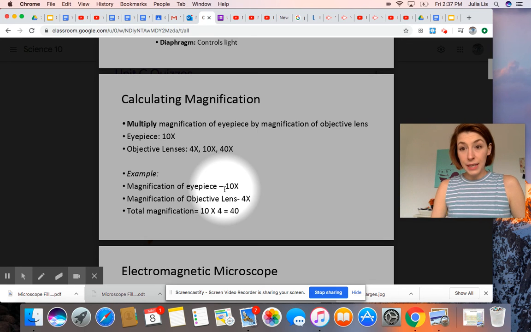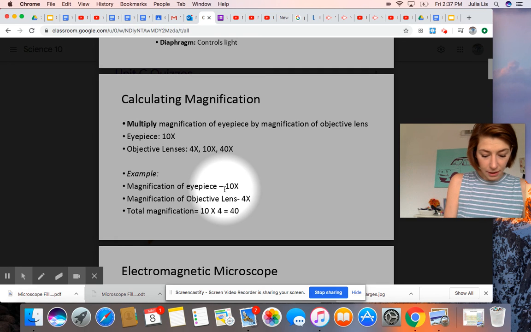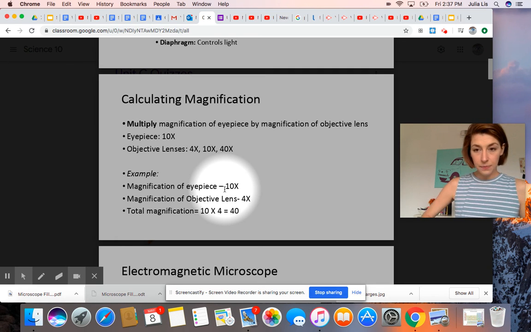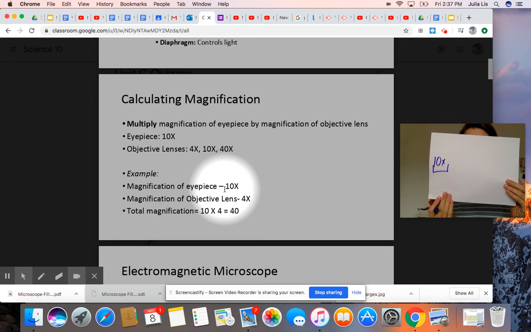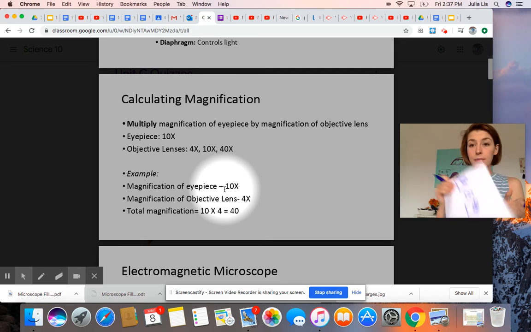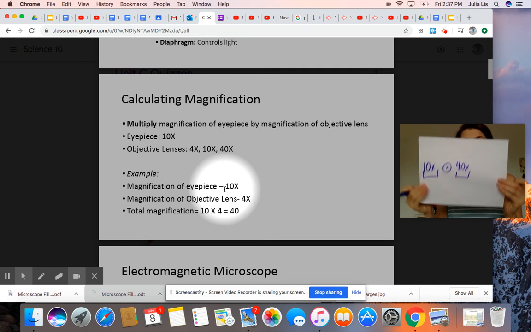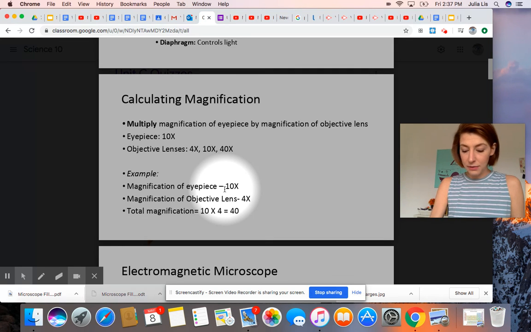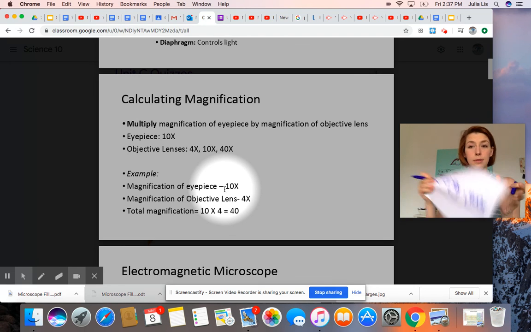If you're using the strongest objective lens, you would still take your 10 times for your eyepiece. You're going to multiply that by the 40 times objective lens that you're using. And so your overall magnification would then be 400 times.